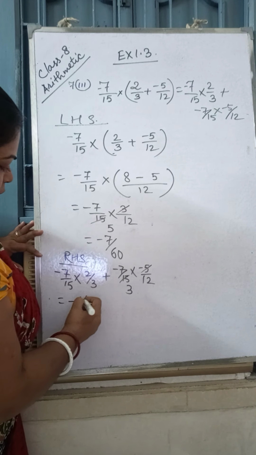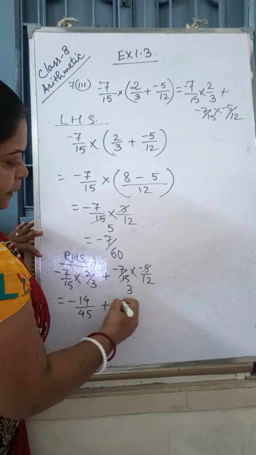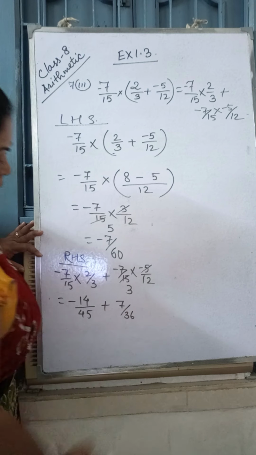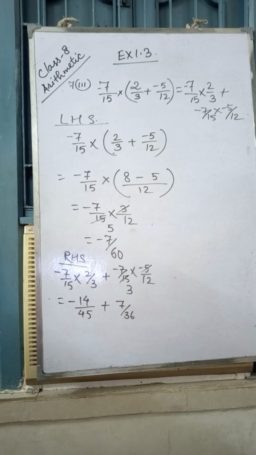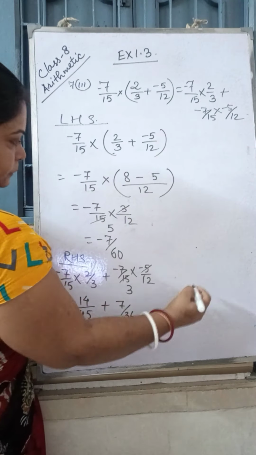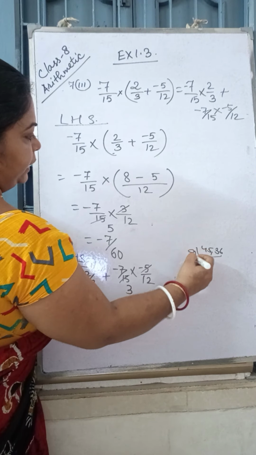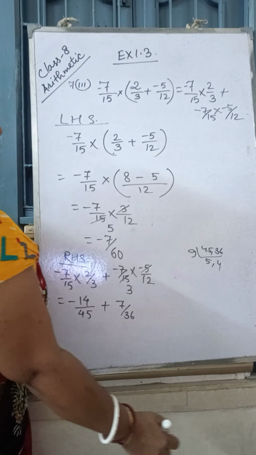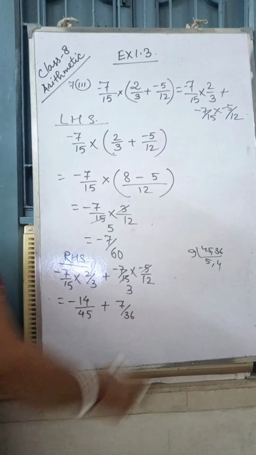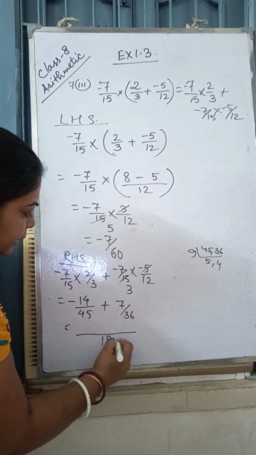Then this gives you minus 14 by 45 plus 7 by 36. Now LCM of 45 and 36. Nine fives are 45, nine fours are 36. So 5 fours are 20, 180. So I'll be writing 180.